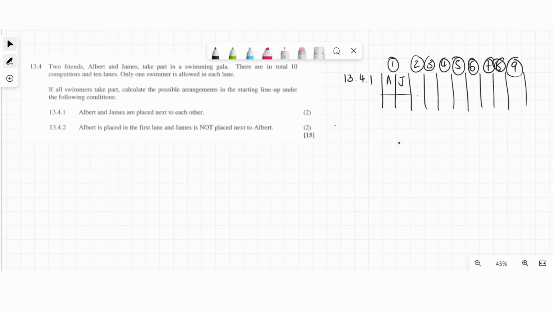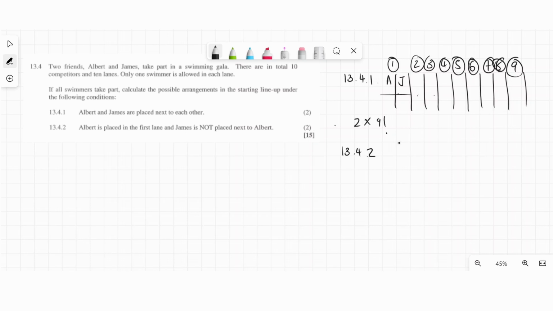So it's going to be 2, because they need to be next to each other, multiplied by 9 factorial, not 8 but 9 factorial. The reason it's 9 and not 8 is because their position is not fixed. They can move as a pair in either position. So it's 9 factorial.